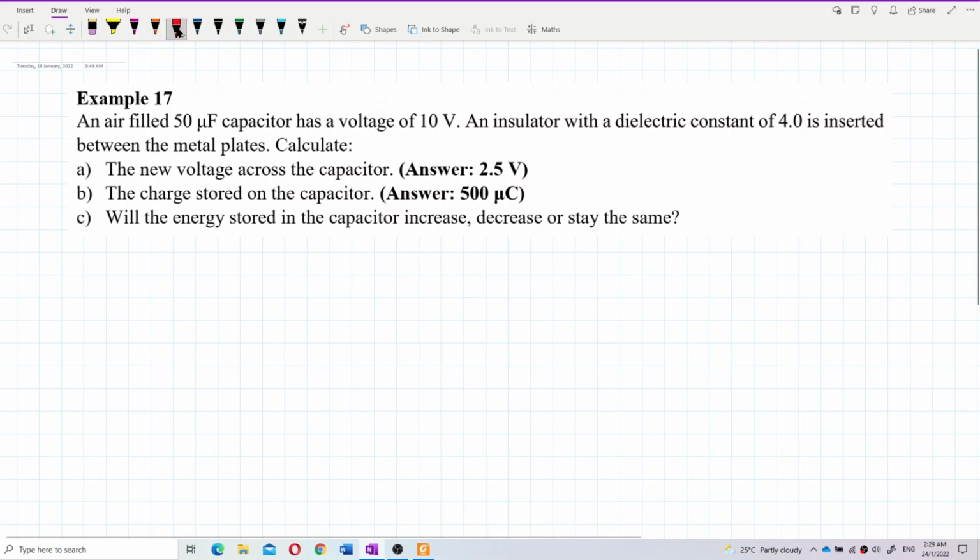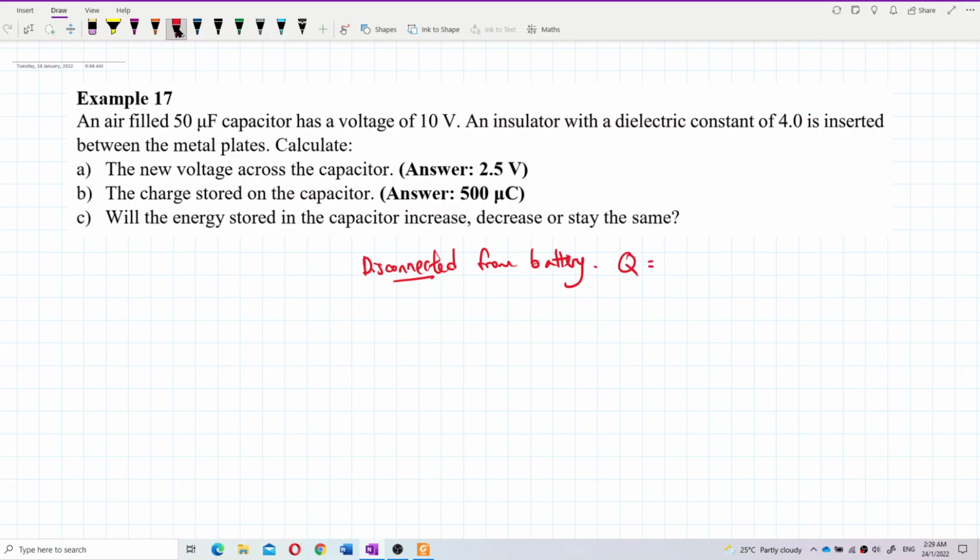This is the first important thing we must know: this capacitor is disconnected from the battery. So we must say the charge is constant.